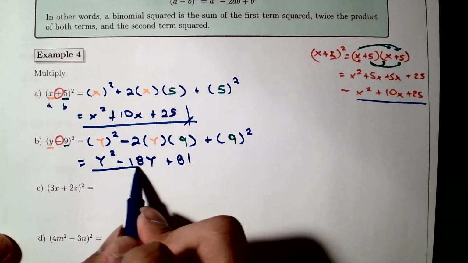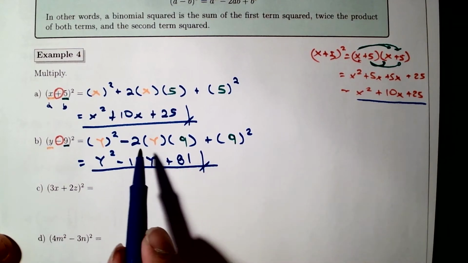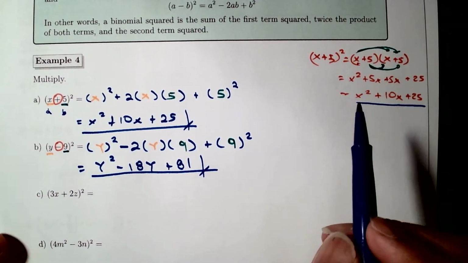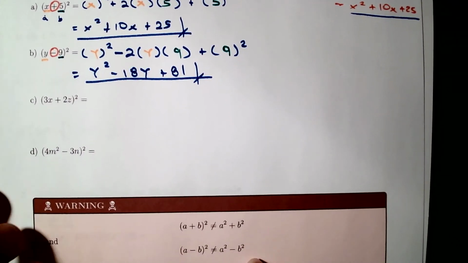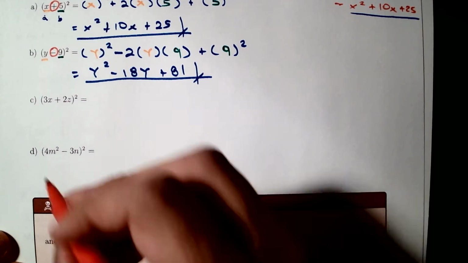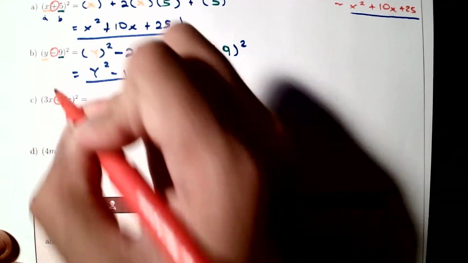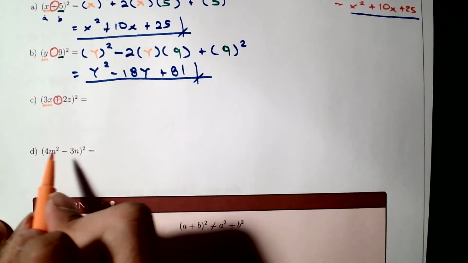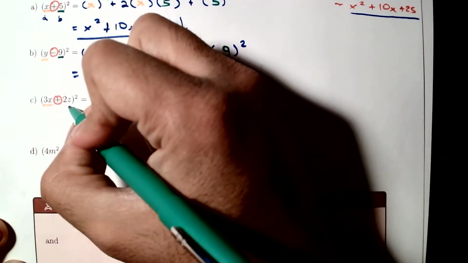Final answer. Of course, you can do the foil way, as we did it here. I'm not going to do it that way. I'm going to do the formula only. Let's do another one. Notice the positive sign here. We'll highlight orange and green.